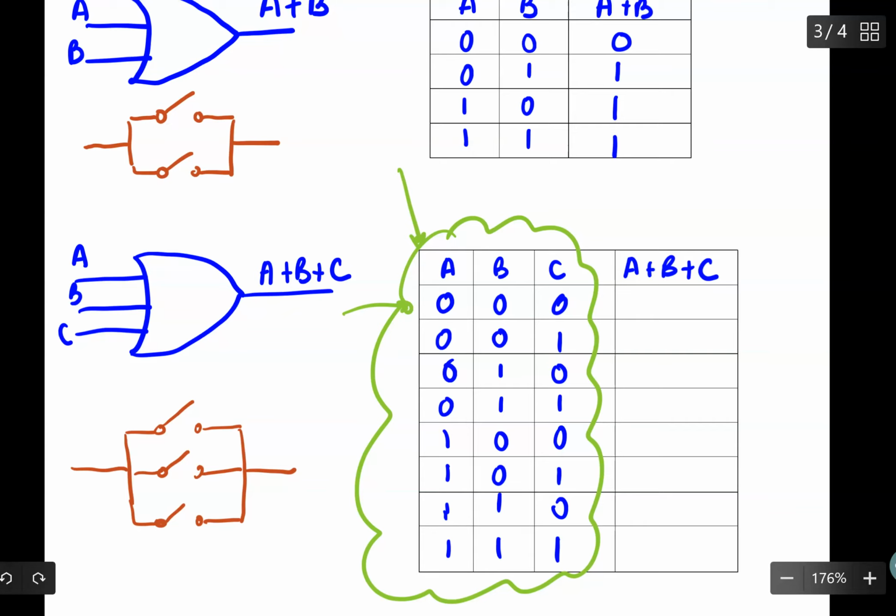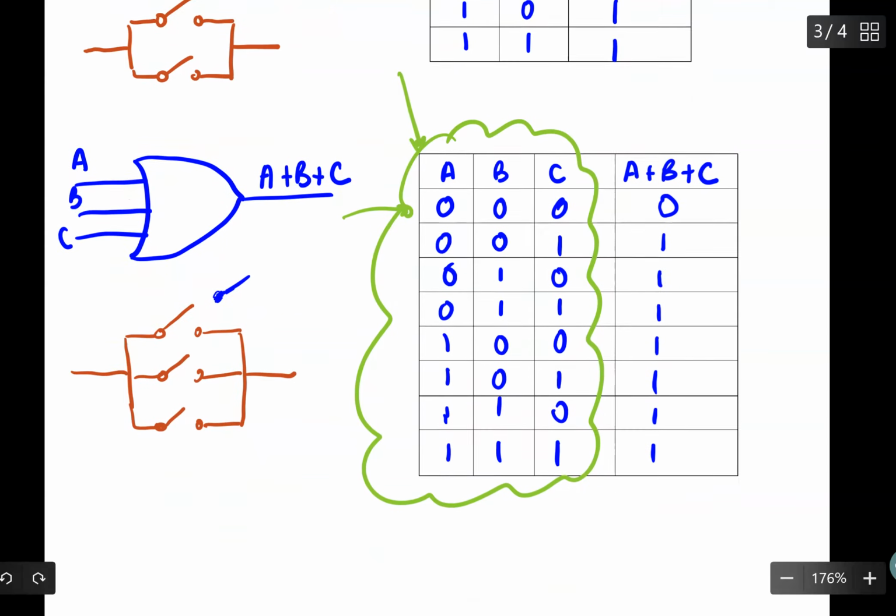In this case, I will have 0 for the first row because all 3 of these inputs, all 3 of these switches, are open. As soon as I close one, I have the signal going through, so therefore I will have 1 for the rest of them.